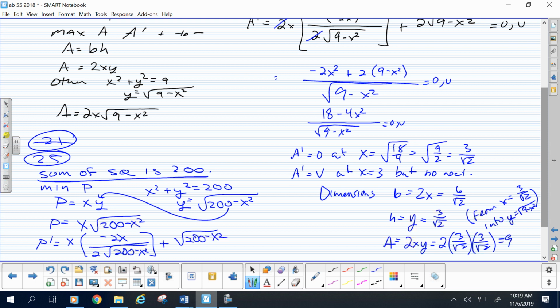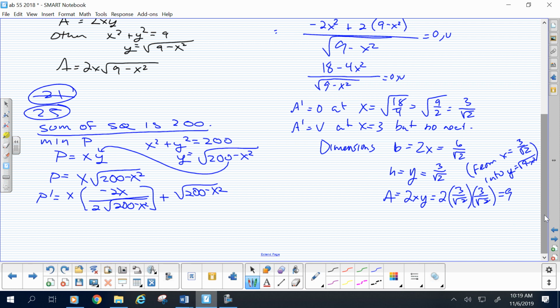With a common denominator, I get negative x squared plus 200 minus x squared over the square root of 200 minus x squared. And it seems like I'm going to get an x of 10 up there. But then the other y was also 10, and that's not what this was. Y is not 10?